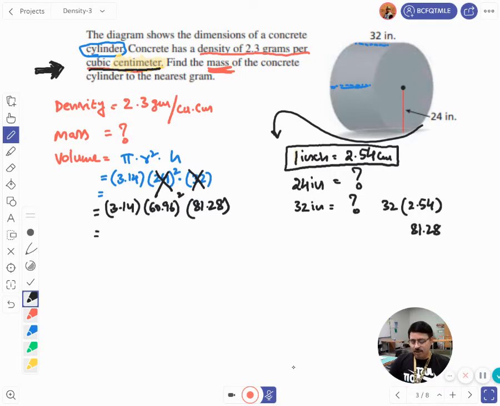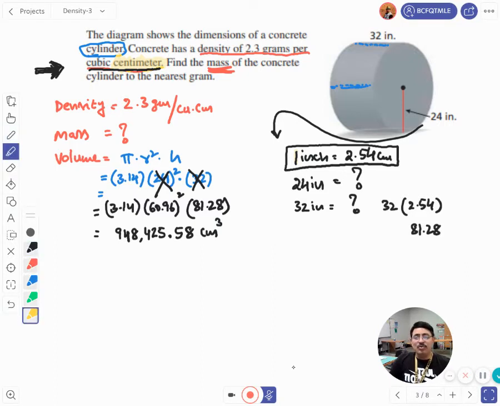It is, oh sorry, 948,425.5819. After the decimal, I am taking only two digits, so two decimal places. This means cubic centimeters. Again, I am repeating: please notice that I converted the given values from inches to centimeters.